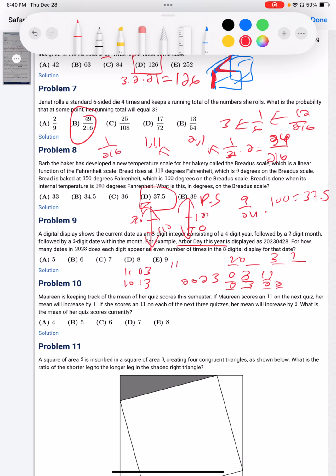We can have 11, 30. 2, 3, 4, 5, 6. 0 to 23. 7. 0, 3, 2, 3.